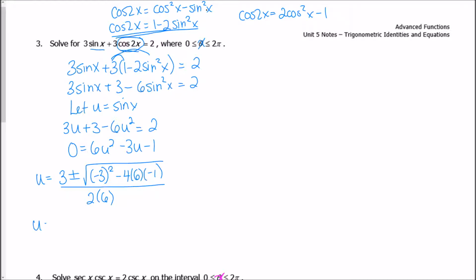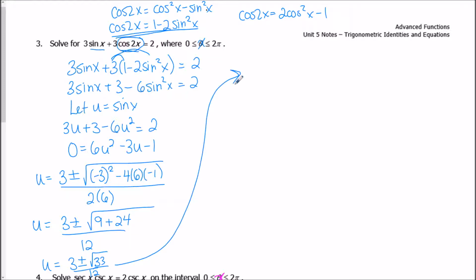So I end up getting u equals 3 plus or minus the square root of negative 3 squared is 9, and then negative 4 times 6 times negative 1 is positive 24, all over 12. So I get u equals 3 plus or minus the square root of 33, excuse me, I don't know where I got that 25 from, all over 12.